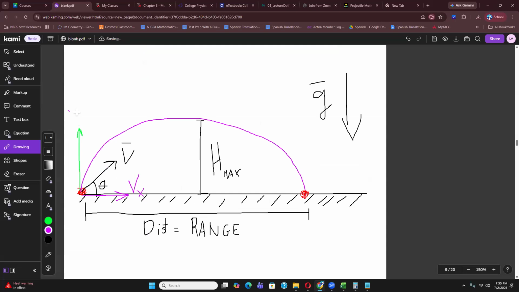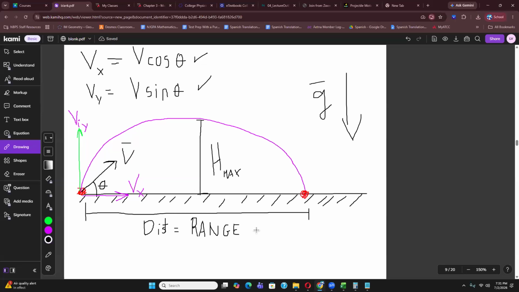This is Vy initial, so V initial on Y. Vx is the magnitude of V times cosine of the angle in degrees. And Vy is V times sine of the angle theta. Okay, we have those two.